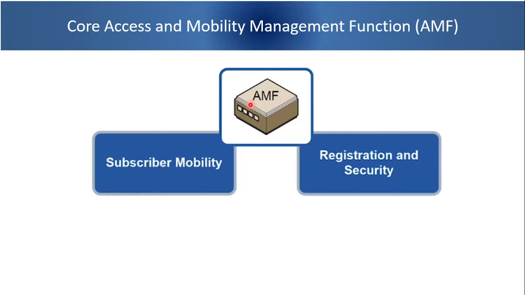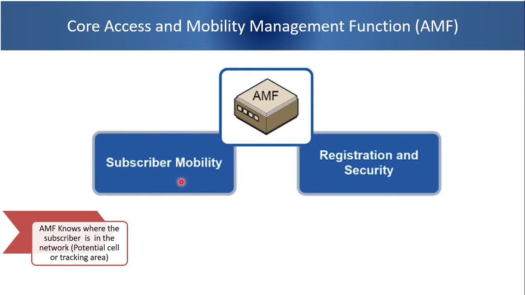So basically the registration and security, the access to the network for any device, mobile or user equipment, is handled by AMF. And second is the mobility part: the mobility of the subscriber or UE or the device is handled by AMF.